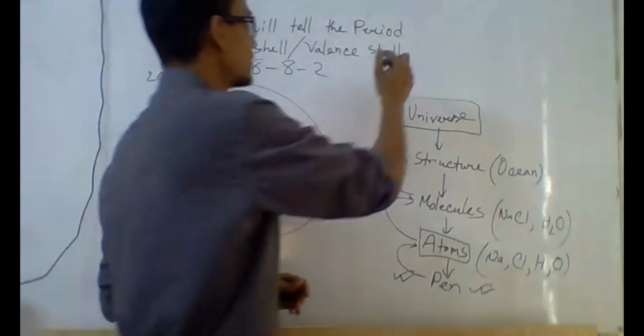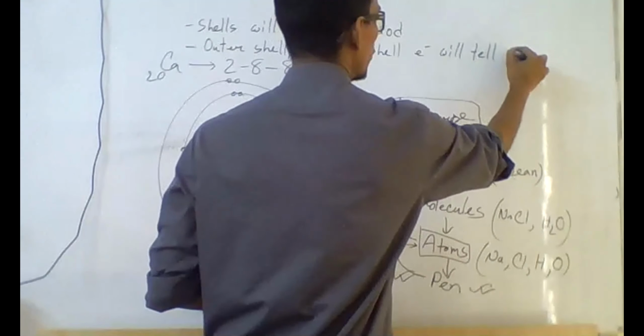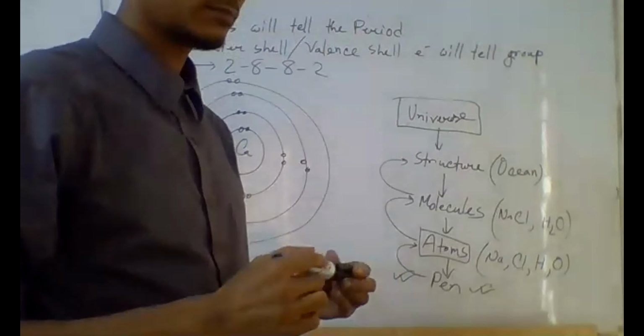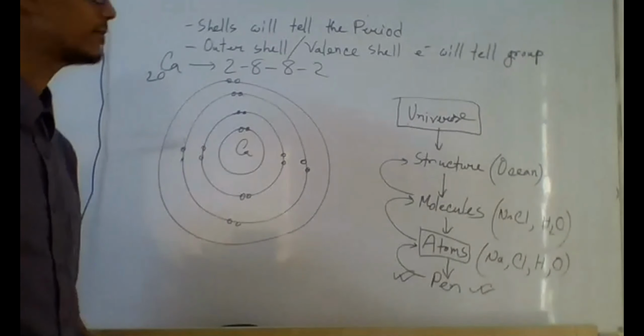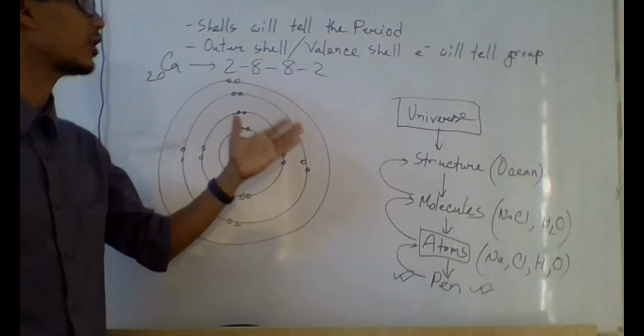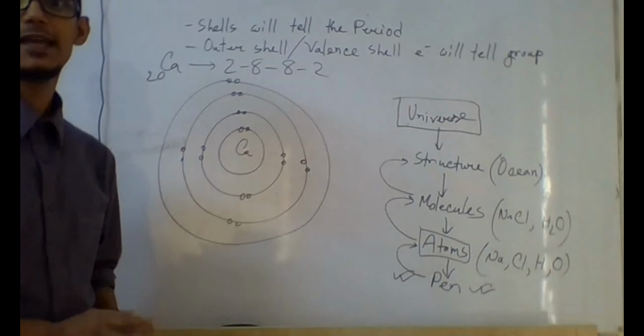Valence shell electrons will tell the group. Is it clear? I mean, shells will tell you the period, and the outer shell or valence shell tells you the group, or the other way around.